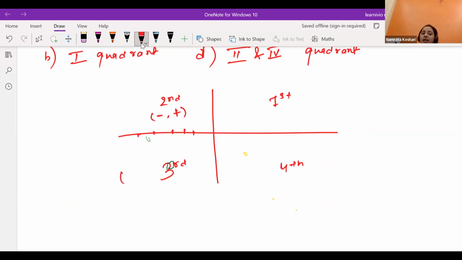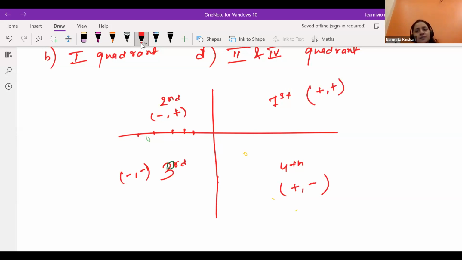In third quadrant, x is negative and y is also negative. In fourth quadrant, y is negative and x is positive. And in first quadrant, x is also positive, y is also positive. Both are positive.